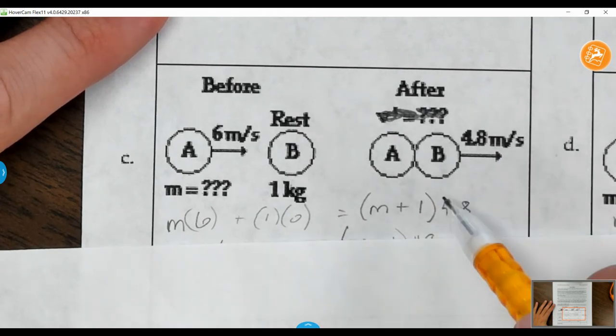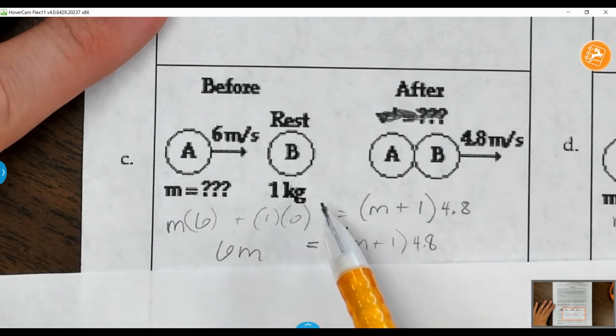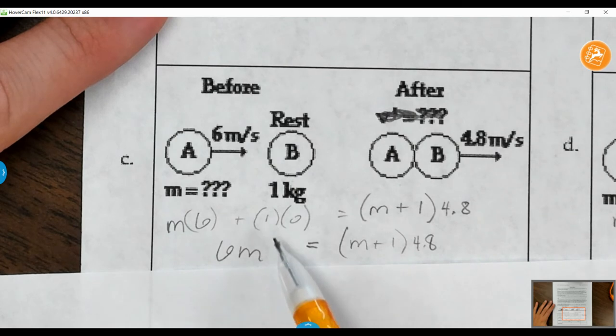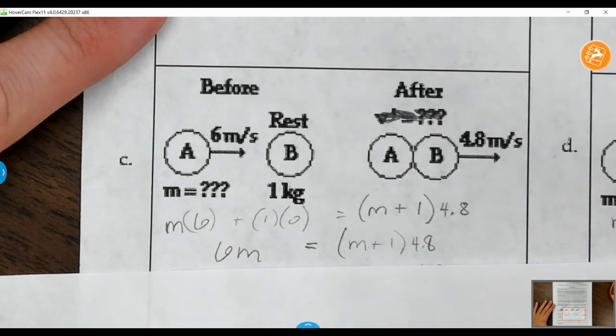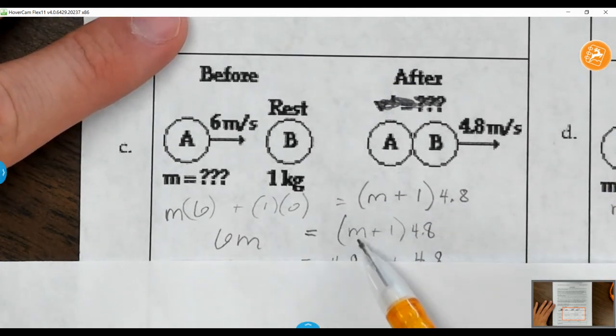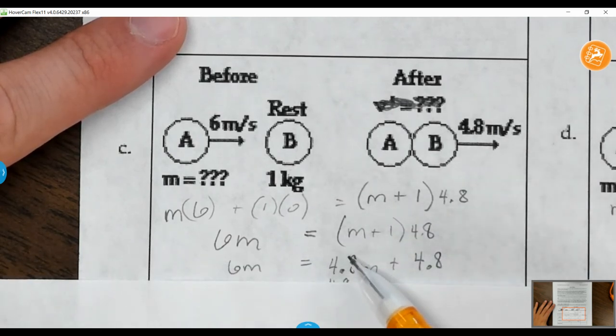So you have this. Now let's reduce here, multiply out. 1 times 0 is 0, so we don't have to have anything here. Now I reverse this because it just looks nicer for me. 6m, it's like x in the equation, equals m plus 1 times 4.8. Distribute the 4.8 to each of these: 4.8 times m, plus 1 times 4.8 is 4.8.